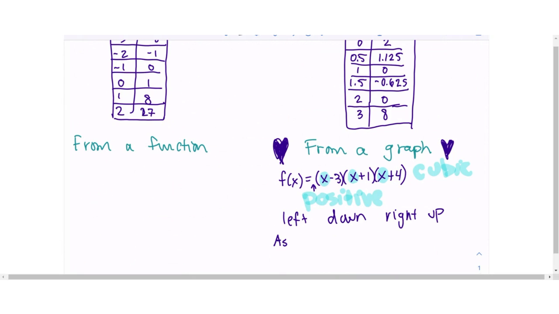As x goes to negative infinity, f of x goes to negative infinity. And then as x goes to positive infinity, because that means right, then to say up, we say f of x goes to positive infinity.